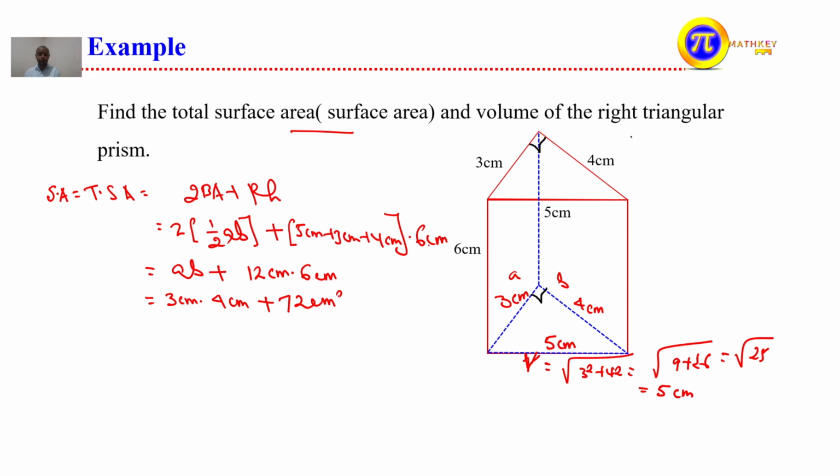So 3 centimeter times 4 centimeter is 12 centimeter square, plus 72 centimeter square. Their sum becomes 84 centimeter square.